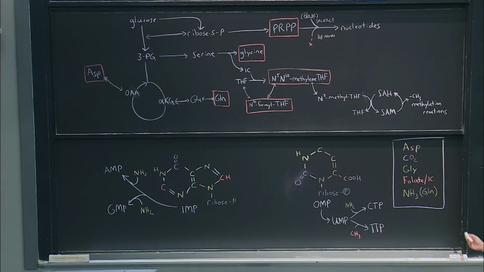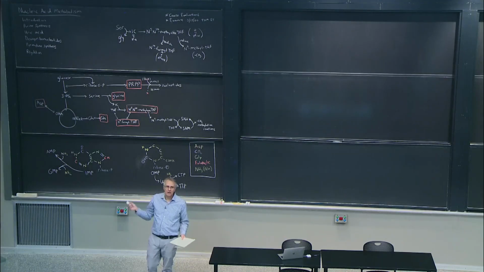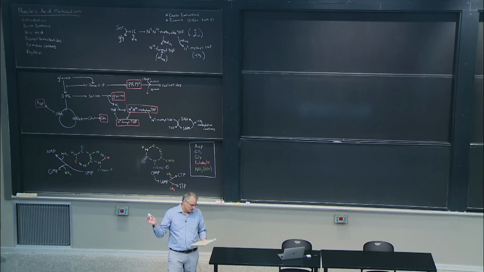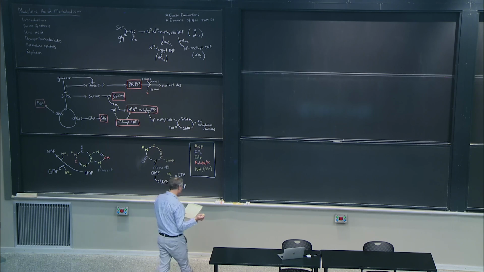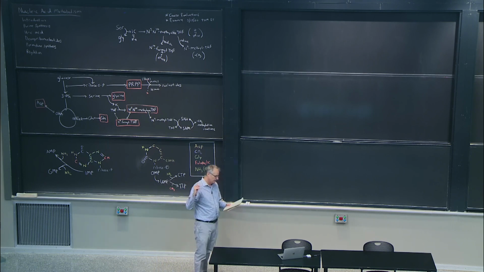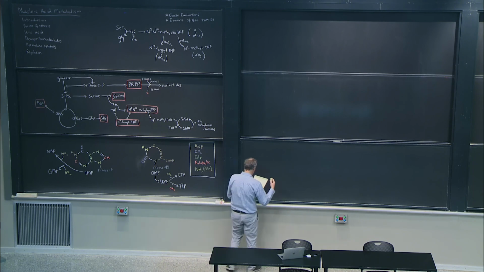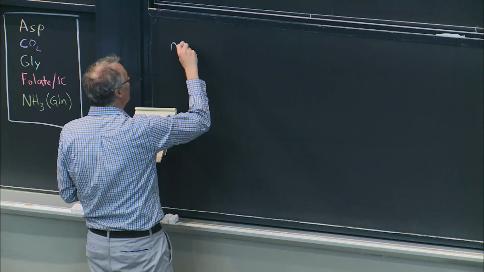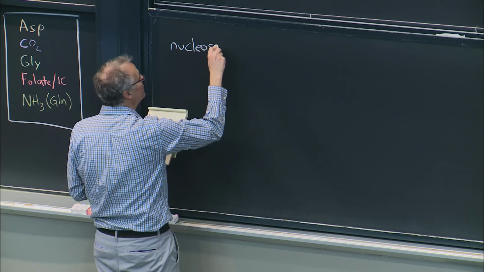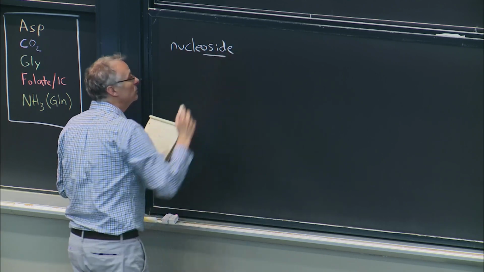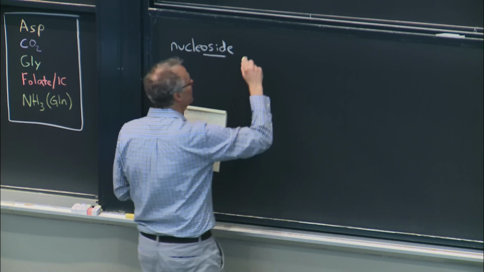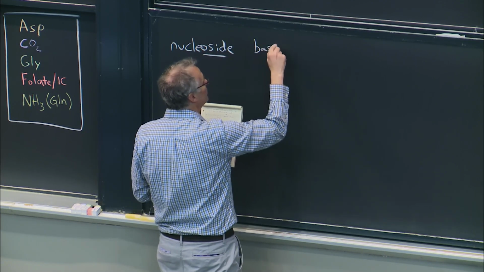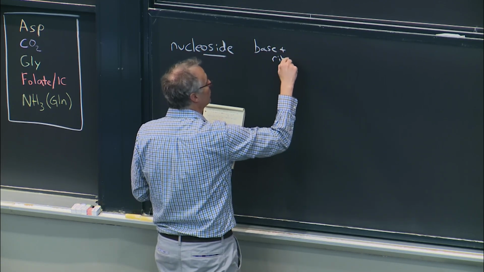Now, the first general comment I want to make is that in cells, the free bases of these things are much less useful than the nucleosides and the nucleotides. Just to remind you of a little bit of nomenclature, these purine and pyrimidine bases are usually attached to ribose. A nucleoside is basically the base, purine or pyrimidine, plus ribose, but no phosphate.